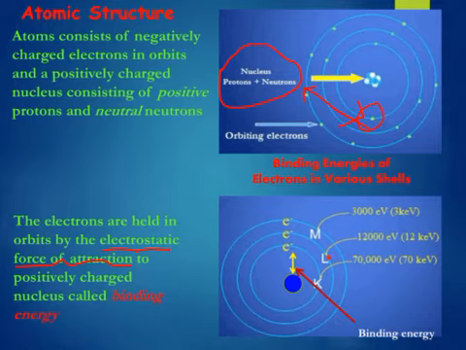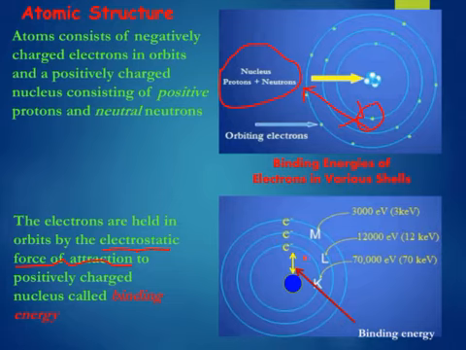These energy levels are called shells or orbits. They also have a specified number for the binding energy. Binding energy, as I said before, is the energy required to remove one electron from its orbit. This binding energy is the energy that is binding the electron to the nucleus.